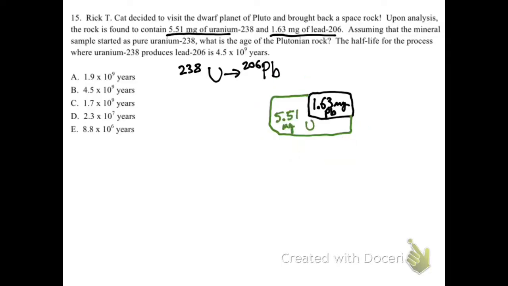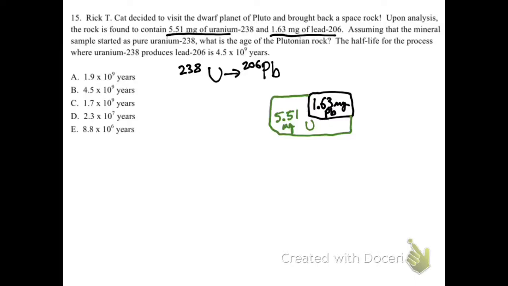Now then, in this problem, remember, whenever we look at integrated rate laws, nuclear decay always adheres to first order kinetics. But also, the star of the problem, whenever we use an integrated rate law, is our reactant. So uranium is the star here.